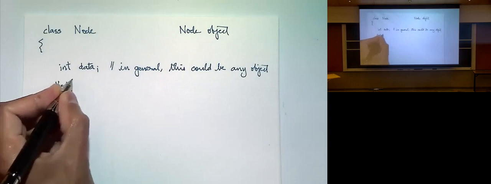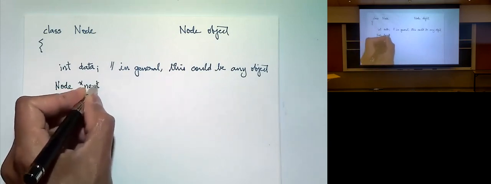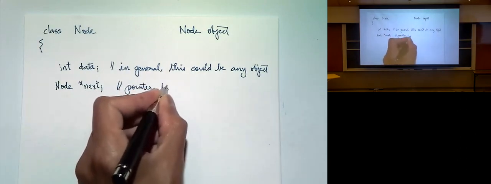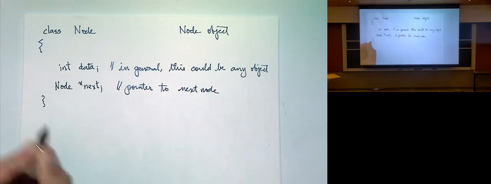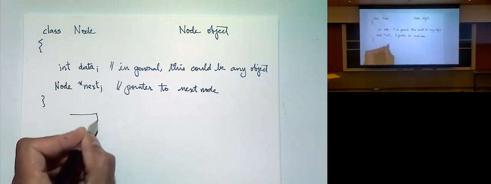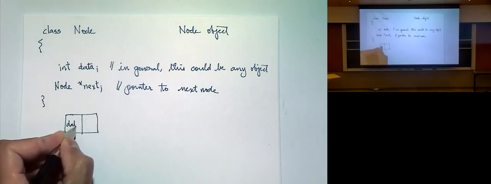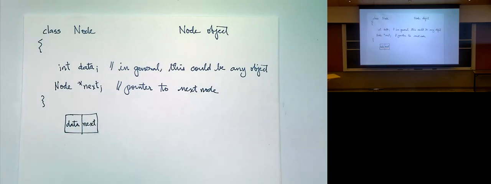And then this is why we teach recursion. We have a node star next, which is a pointer to the next node. And that's what it is. Just to draw a picture, this is the common picture that you may have seen. You have your data here, and then you have next over there.